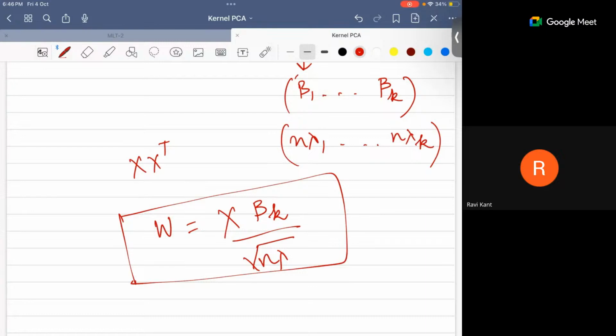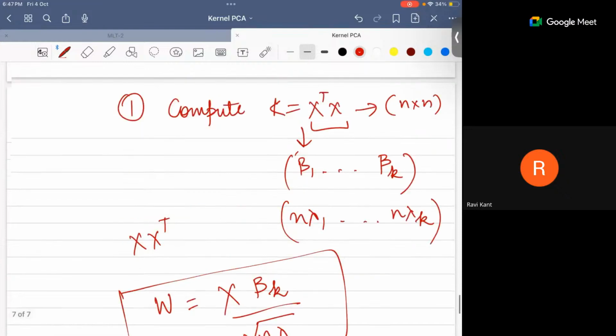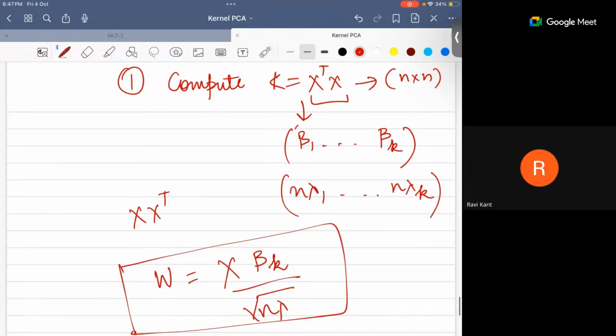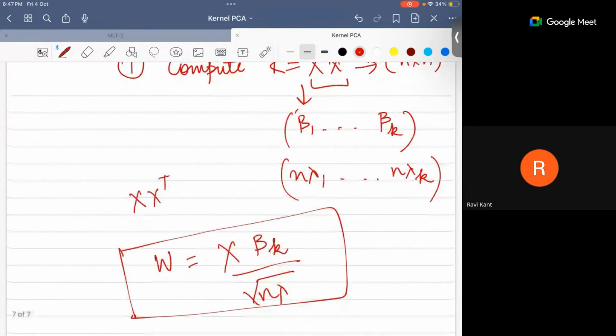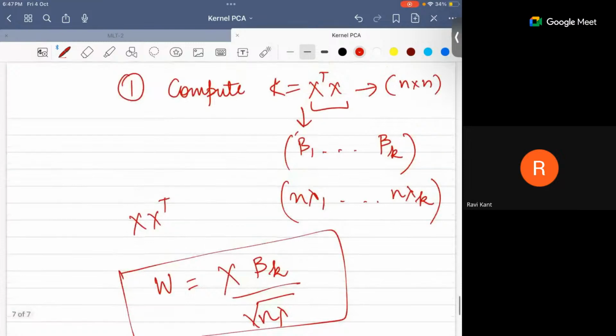Sir, here beta k is eigenvector. Beta k is the eigenvector corresponding to your starting matrix, that X transpose X. Yes. Okay. So what do you do? Because you have the dimension very high, so you start with X transpose X. You calculate the eigenvalue corresponding to that, right?